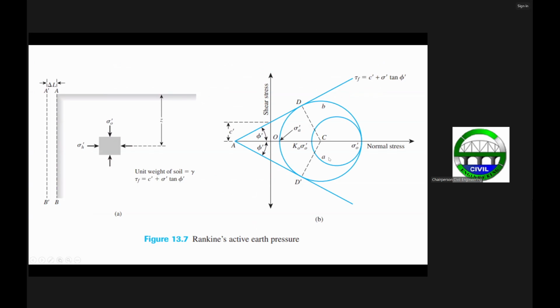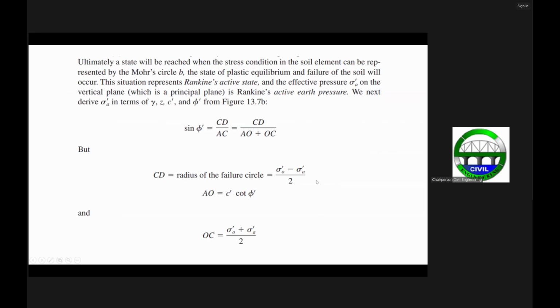That's basically this value minus this value, which gives you the diameter. Divided by 2 will give you the radius CD. That's your sigma sub O prime, and this is your sigma sub A prime.